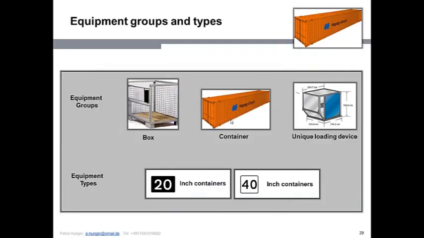Let's come to the next subject, equipment groups and equipment types. One of the main advantages of TM is to be able to handle containers, container numbers, and also hierarchy of containers, meaning you can enter a forwarding order, then you enter a container, you can enter a level below the package, for example pallets, and then a level below the products.